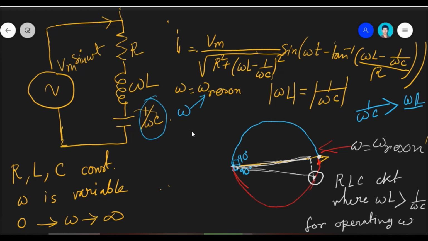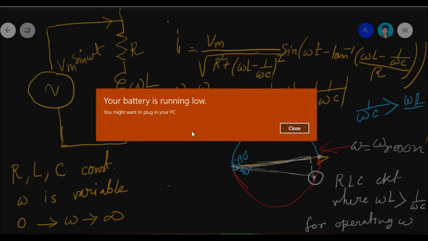So interestingly, if we can get the locus diagram at any operating frequency, we can determine the power consumption of the circuit, not losses, we should not use the word loss, rather the active power consumption of the circuit.